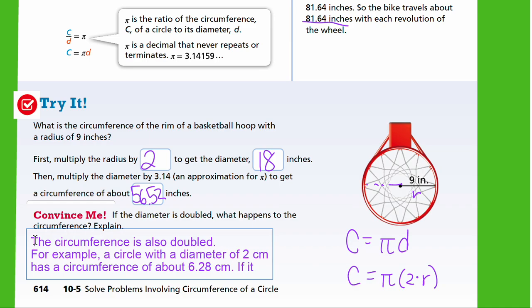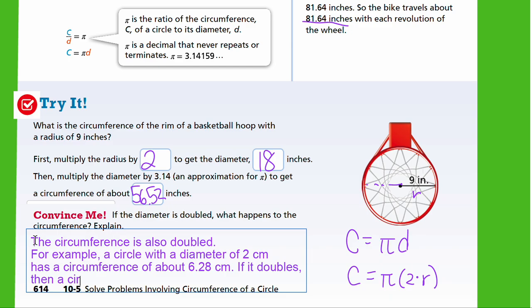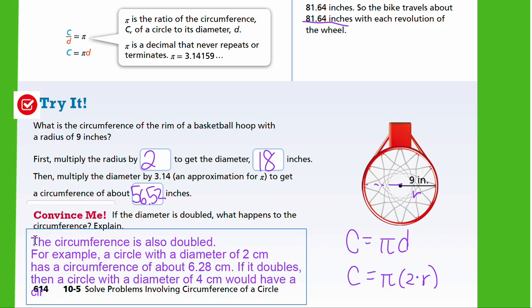So if it doubles, then a circle with a diameter of 4 centimeters would have a circumference of about 12.56 centimeters.